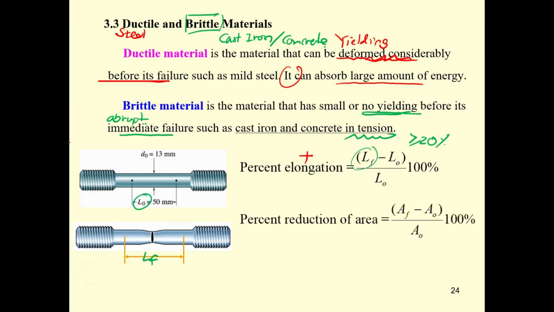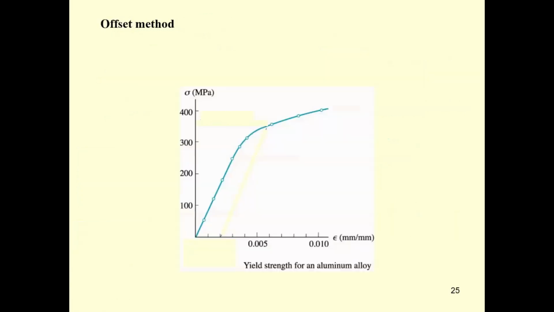Then you also measure A sub O. Later, you measure at the crack, and then you compute A sub F. The A sub F is going to be smaller than A sub O, so this one is going to take a negative value. So percent reduction of area has a minus sign.